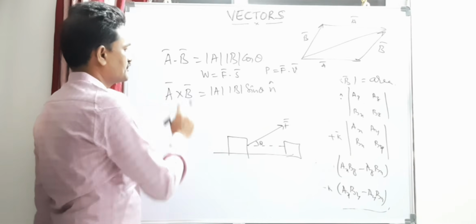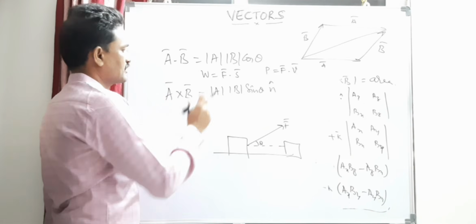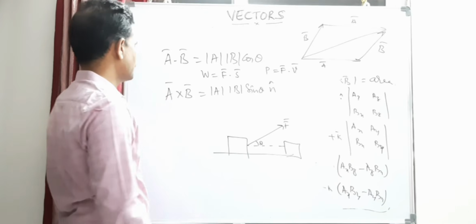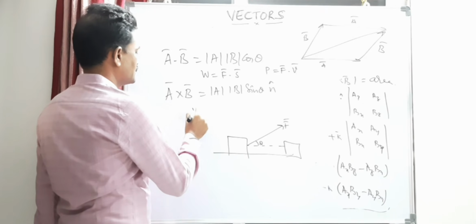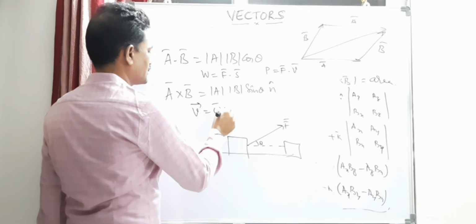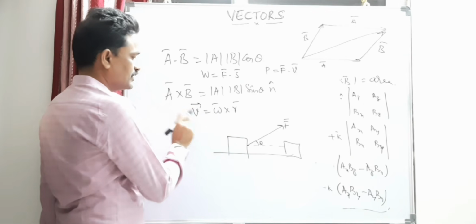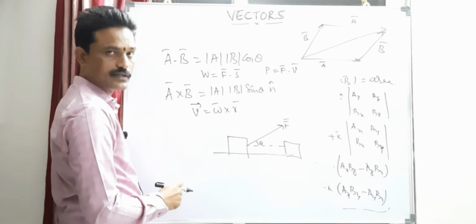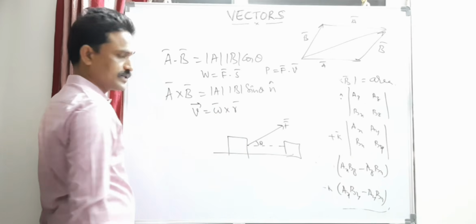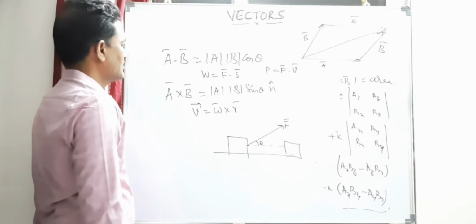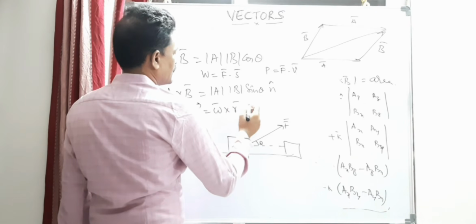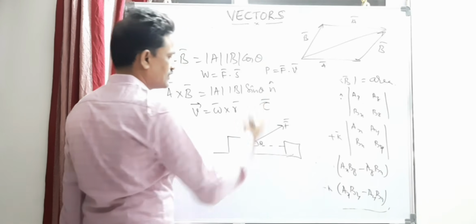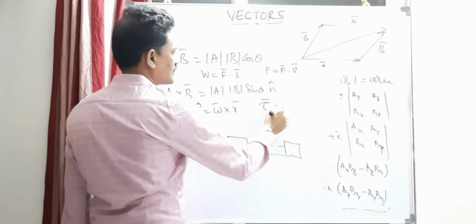What are the examples for the cross product? Generally, cross product examples you will find in rotatory motion. One is v equals omega cross r, where v is called linear velocity, omega is called angular velocity, and r is the radius vector or position vector. Another one we'll discuss in the coming chapters: torque.